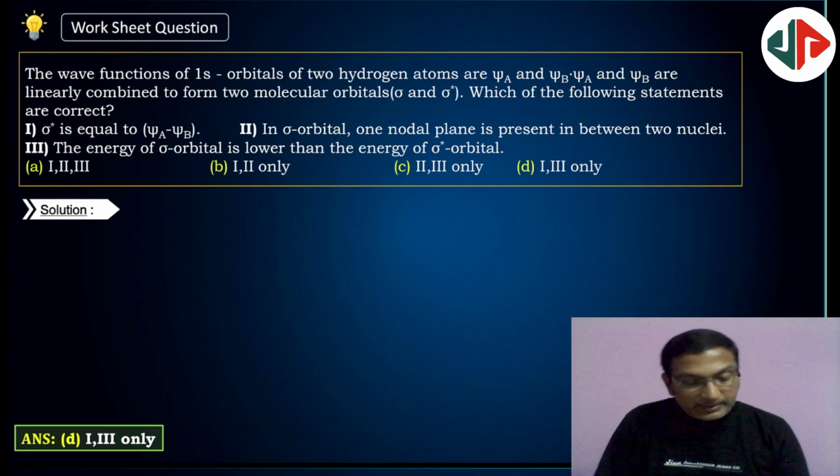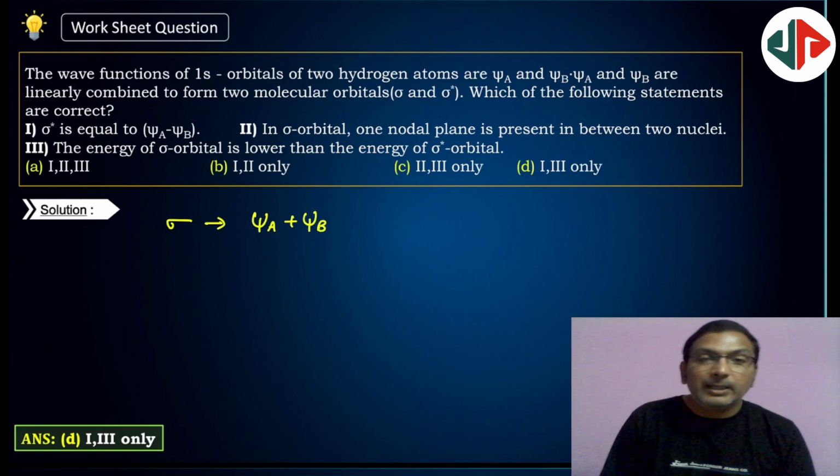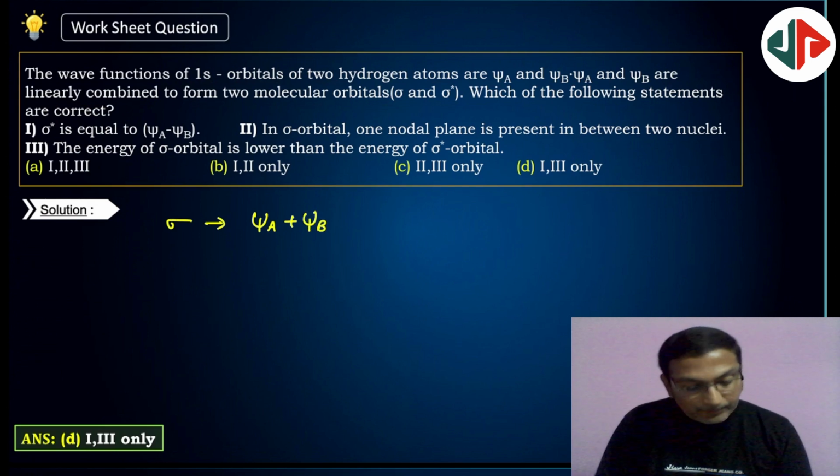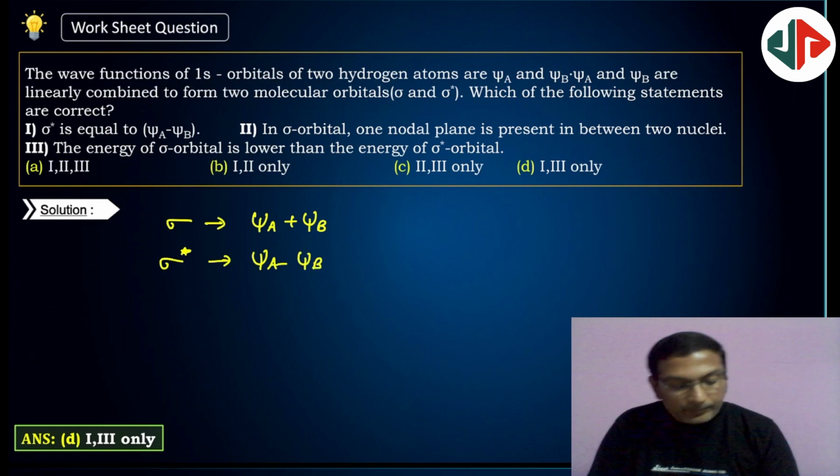So here how to form sigma. Sigma will be formed by addition overlapping of psi A and psi B. Addition overlapping or constructive overlapping. Sigma star will be formed by subtractive or destructive overlapping of psi A and psi B.